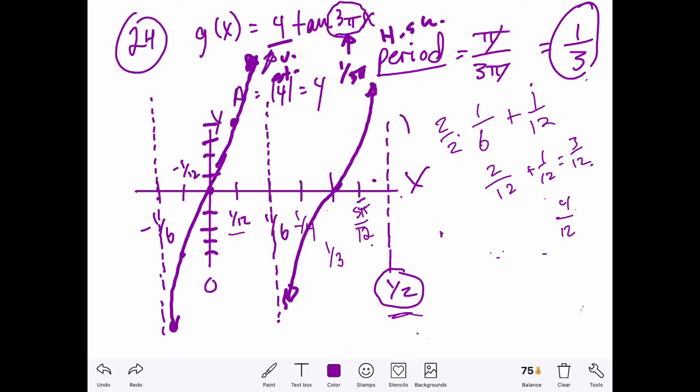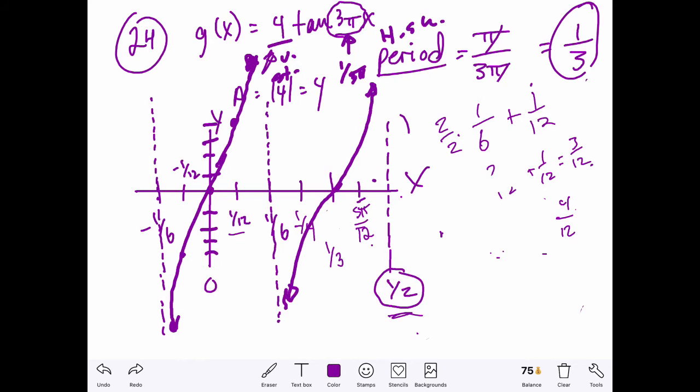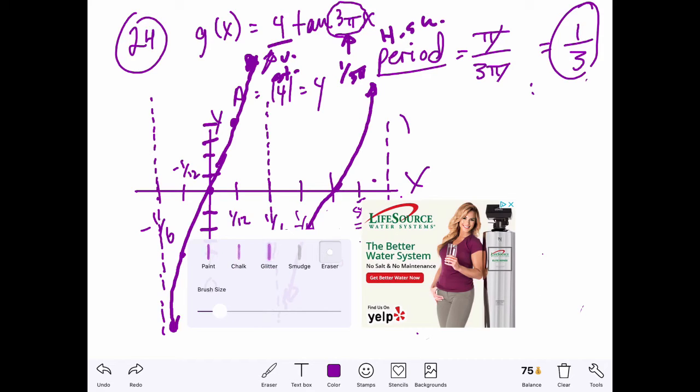Okay, so remember with these tangent, and if we needed to evaluate, say we weren't sure, and we just wanted to confirm, well, let's try that 1/12 there. Let's plug in here.